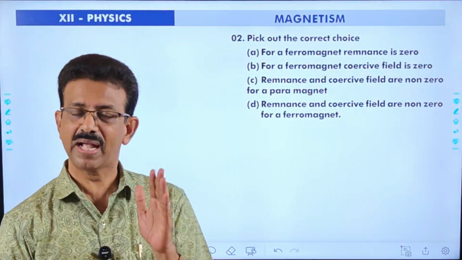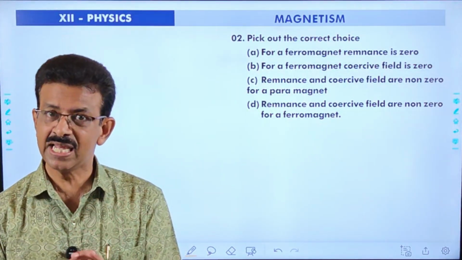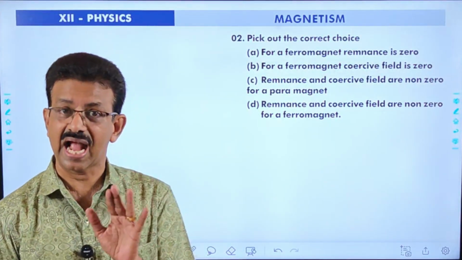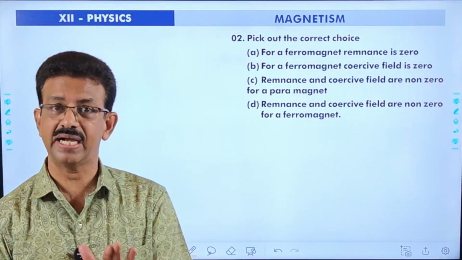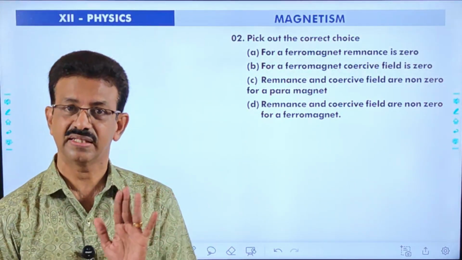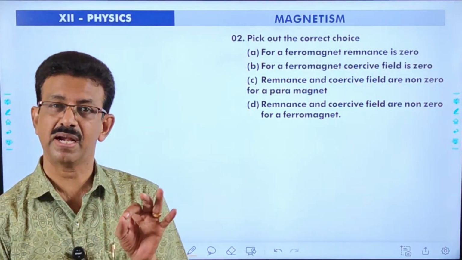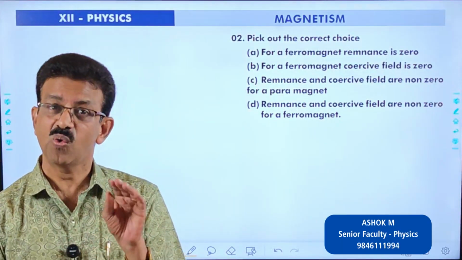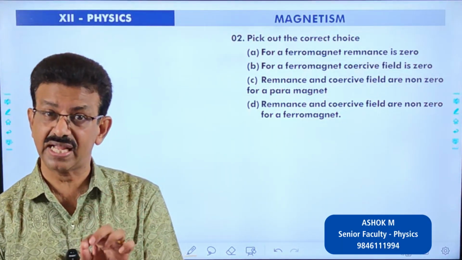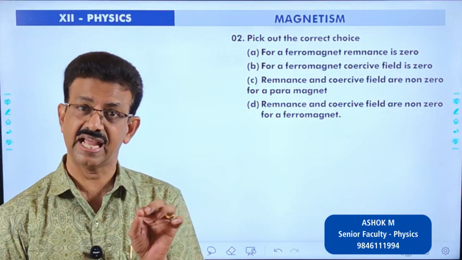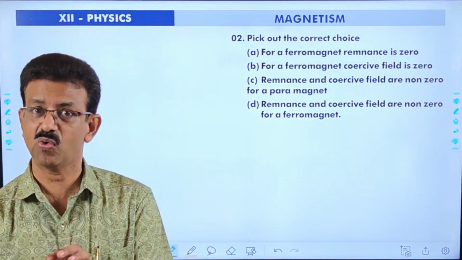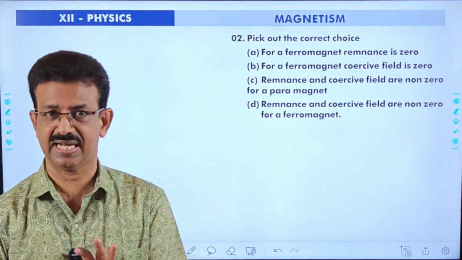Magnetization is low, independent of temperature, and is lost when the applied field is withdrawn. That is, it can act as a magnet only in the presence of an external field.